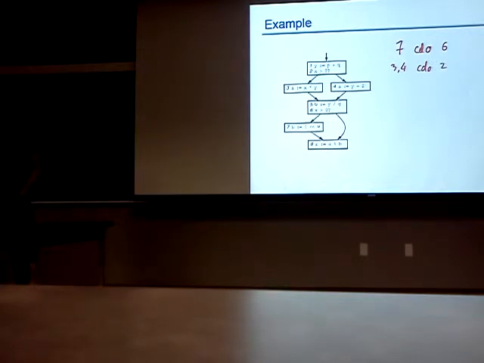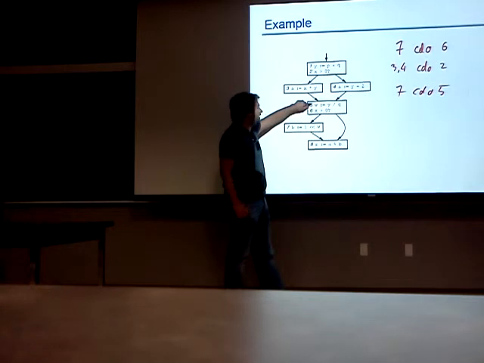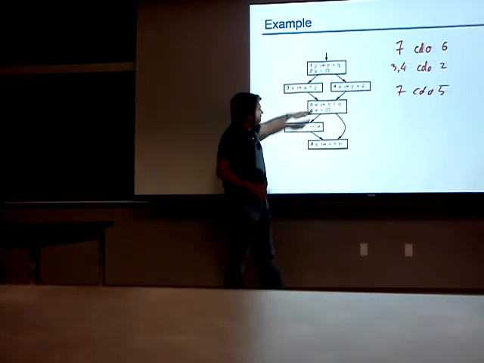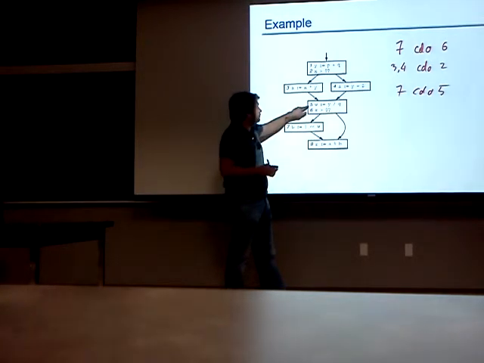Is 7 control dependent on 5? No, because 5 is not the decider. Remember, what you have to have is a branch.